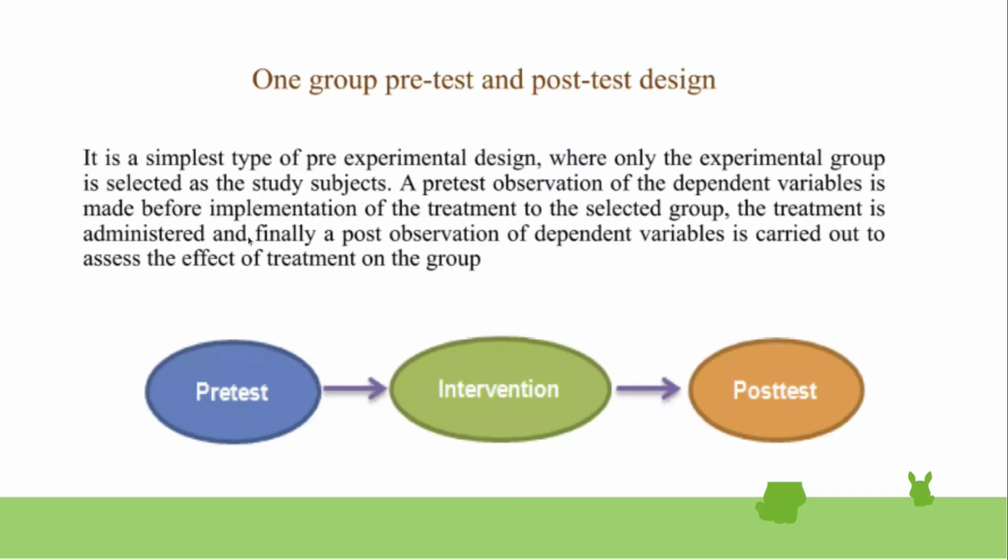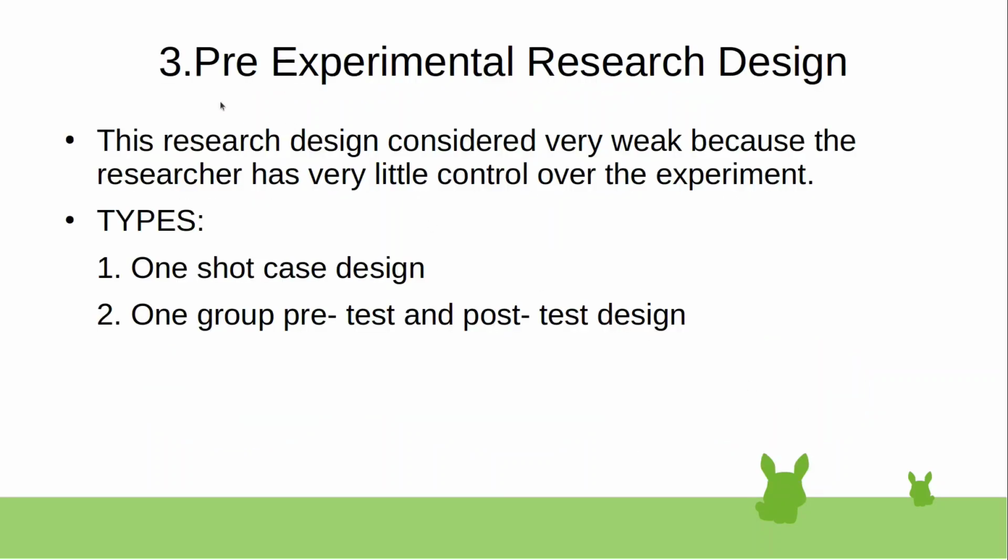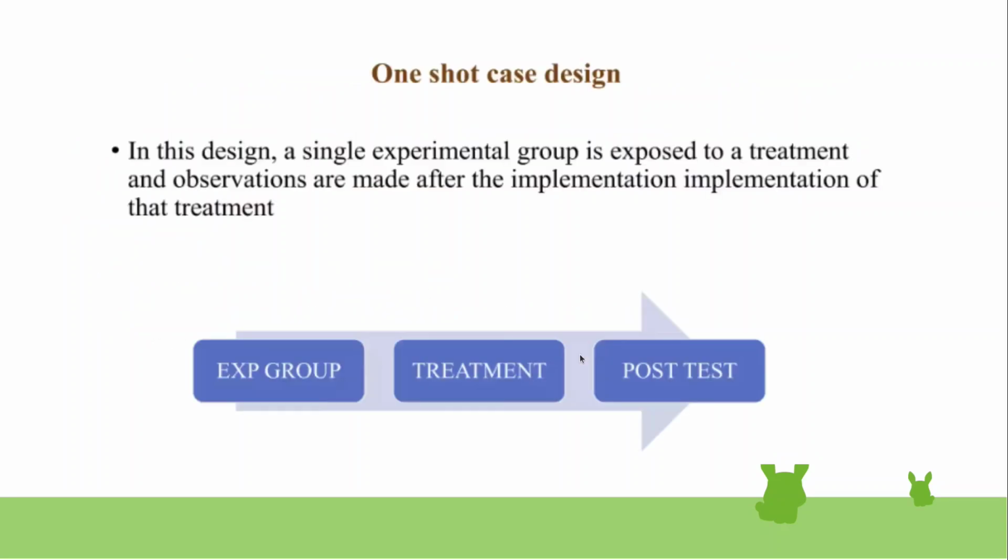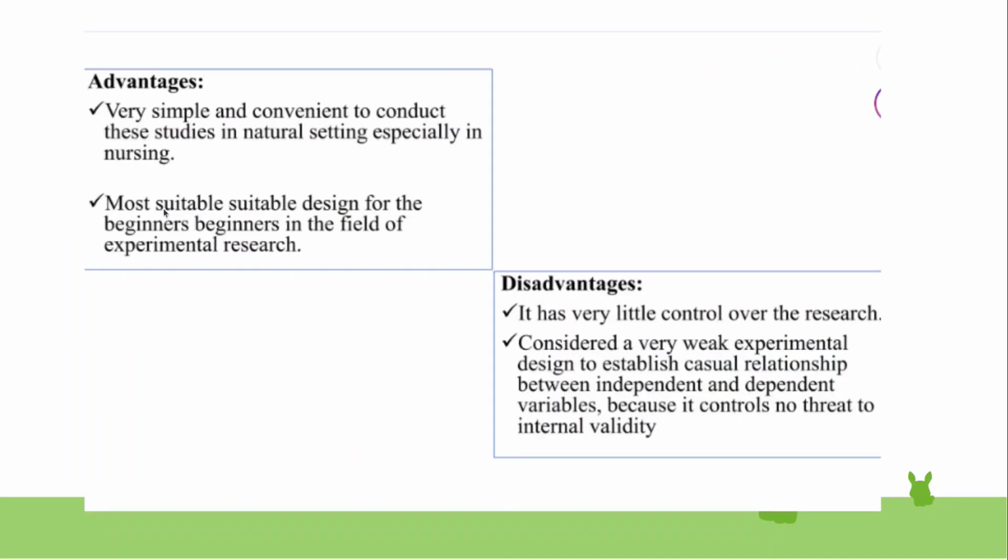The treatment is administered and finally a post-observation of the dependent variables is carried out to assess the effect of treatment on the group. This is called one group pre-test and post-test design. These two, one shot case design and one group pre-test and post-test design, come under the pre-experimental research design.